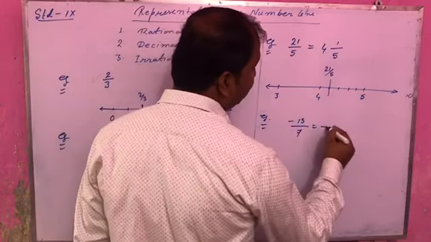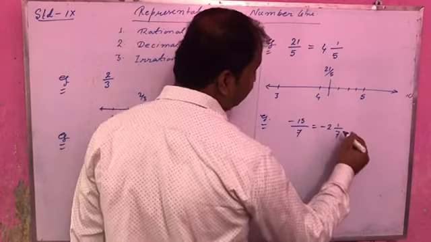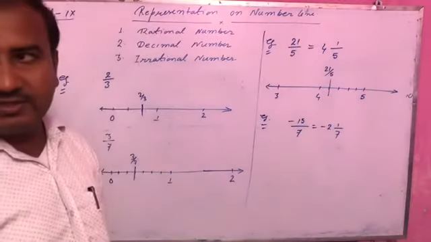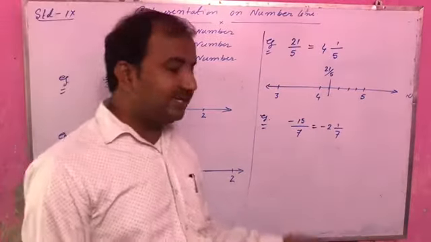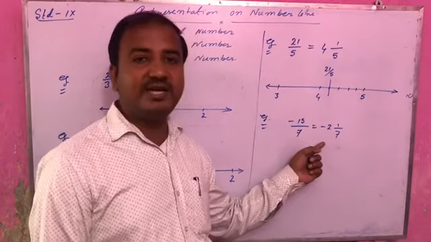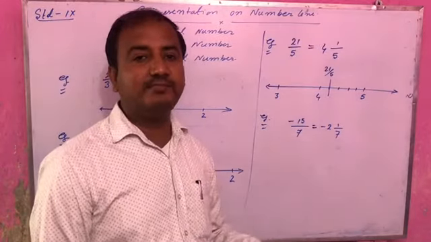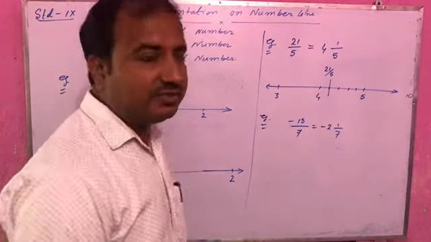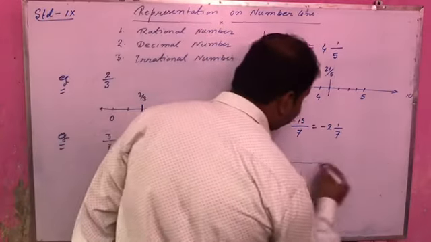This will be written as minus 2 and 1 by 7. Any doubt? Means you can see where it will lie. It will lie between minus 2 and minus 3. Just take a number line.